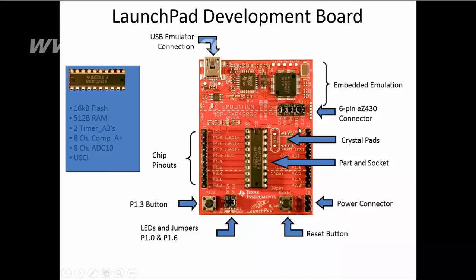Here there are crystal pads, which are pointed out on the Launchpad development board in the diagram. So XIN and XOUT are the connections for a crystal which can be used to provide an accurate, stable clock frequency. The clock frequency is used when you build specific applications for any specific context.